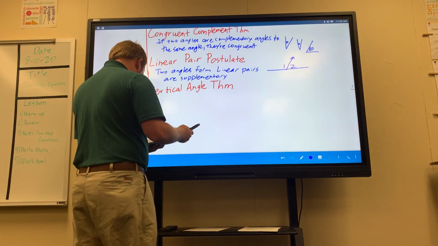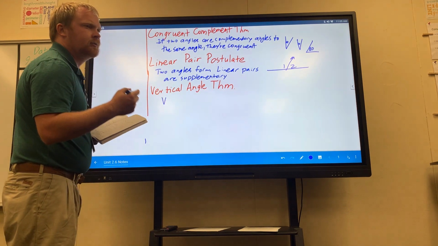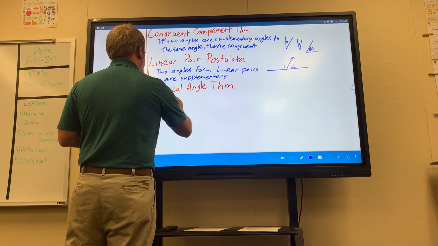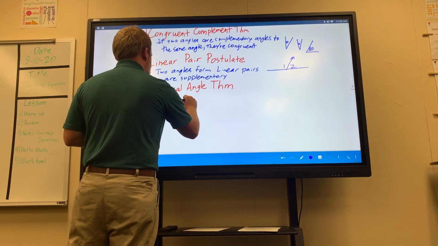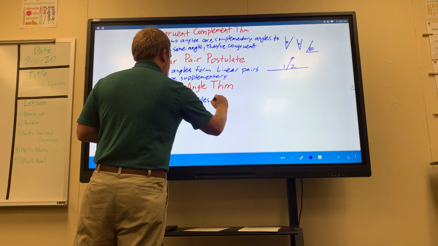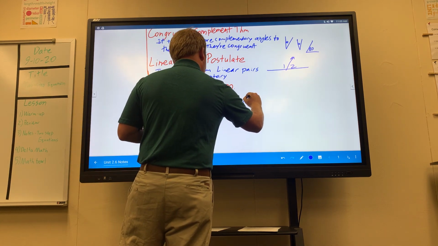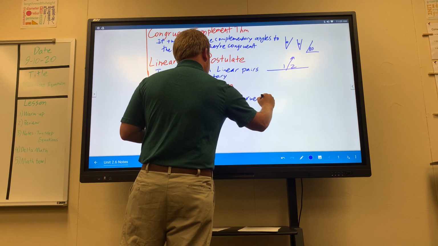Now, the vertical angles theorem says that vertical angles are congruent.